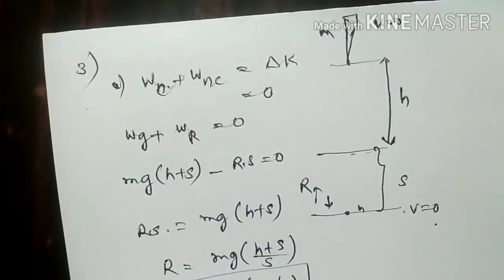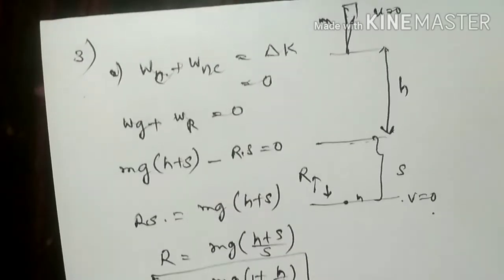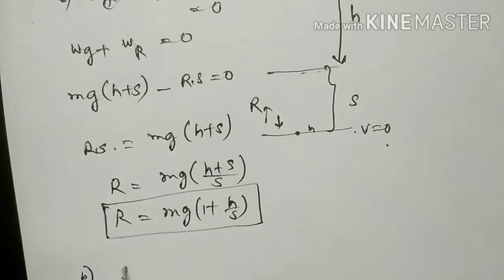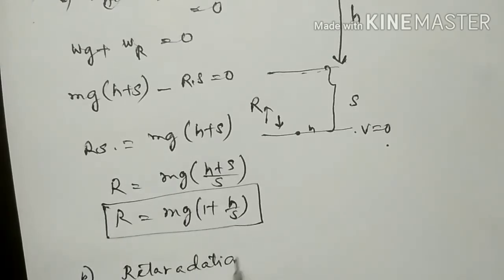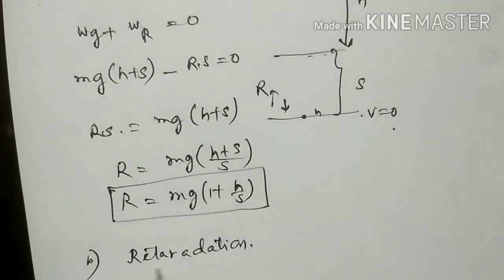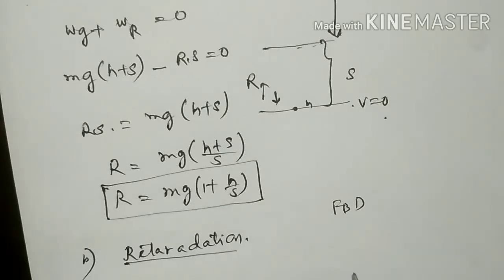Second question, B: what is the time of penetration? Before going to the time of penetration, first we have to calculate the retardation. Then it will be easy. Retardation means negative acceleration. We have got the resistance force. Now you have to consider the free body diagram, the FBD of the body inside the sand or inside the ground.